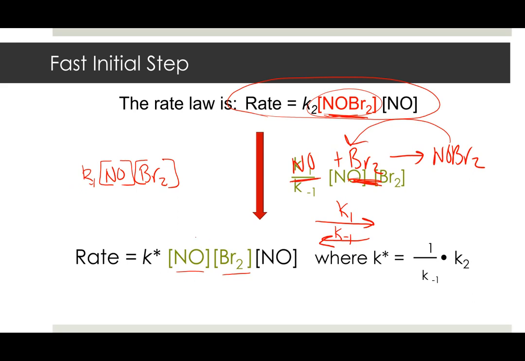So when I put in our reactants to get rid of our intermediate, I have to also put in that K value, okay?